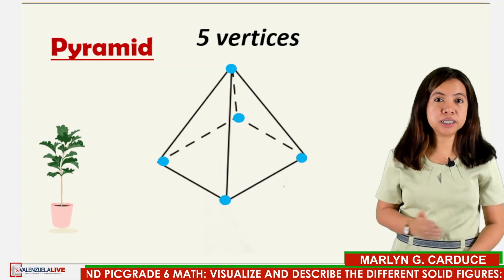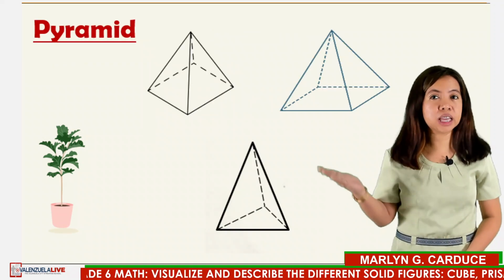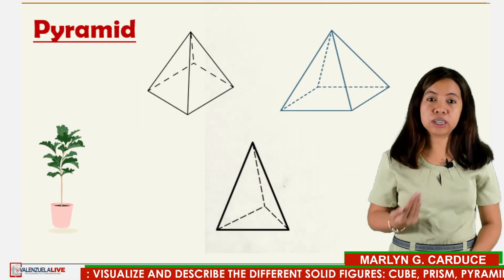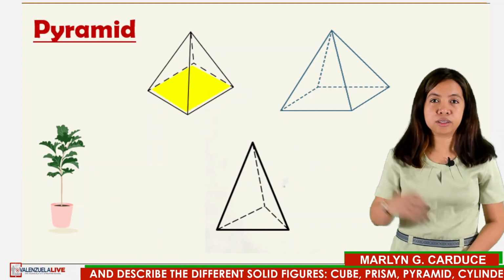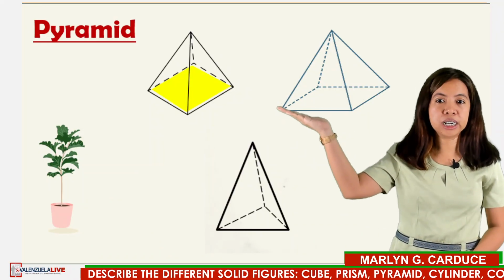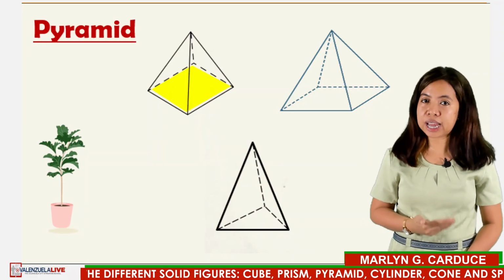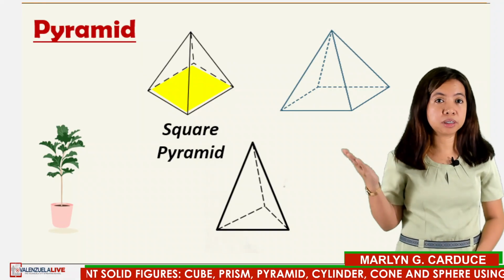And just like the prism, different types of pyramids can also be named according to the kind of base they have. So in our first figure, a pyramid with a square base can be called a square pyramid or a regular pyramid.